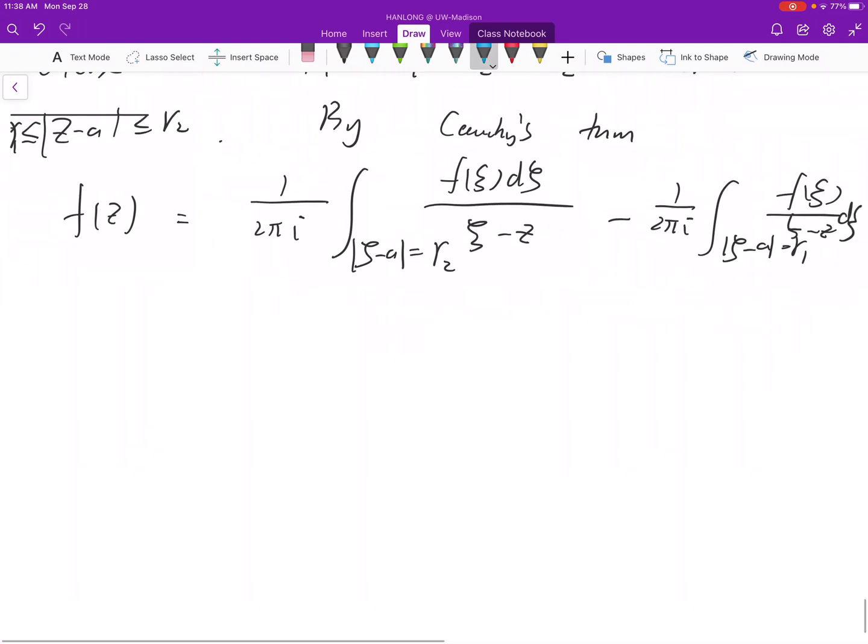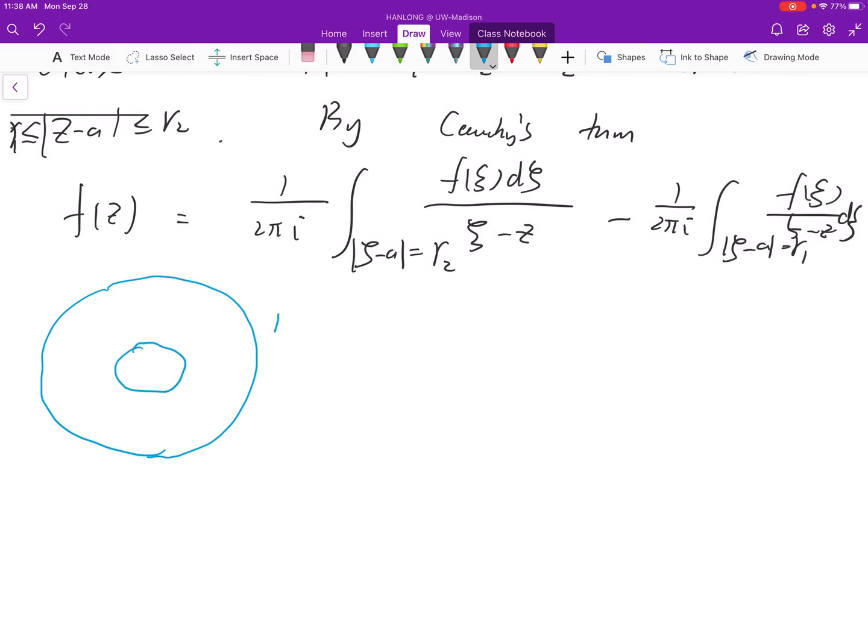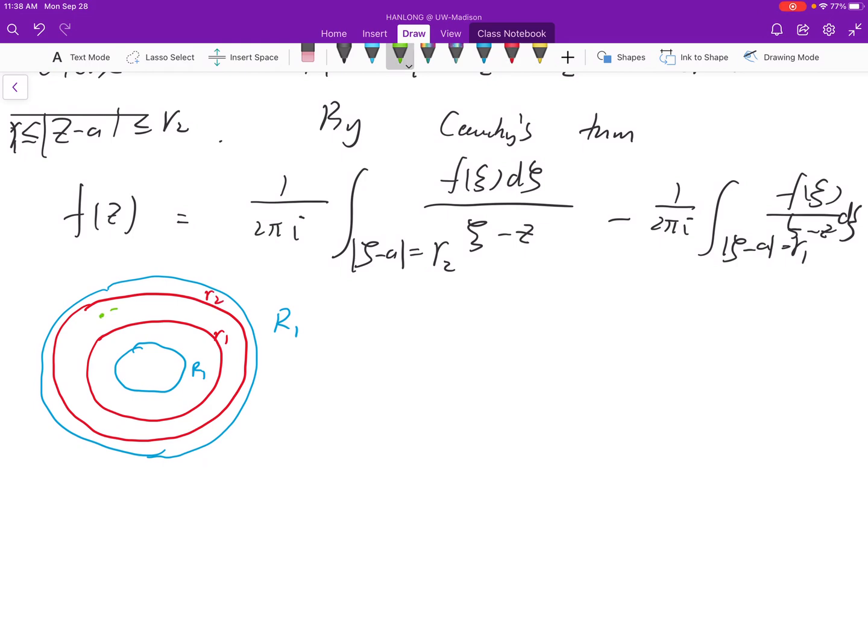If you draw a picture, this is R2, this is R1, and then you choose small r1, small r2, and your point z is here.